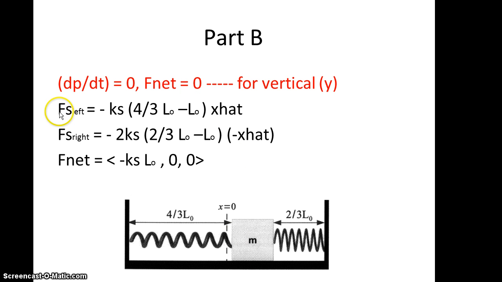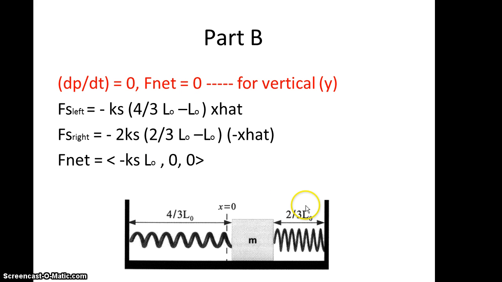So the spring force of the left spring is negative Ks times 4 over 3 L0 minus L0, x hat. While the spring force of the right spring is negative 2 Ks times 2/3 L0 minus L0, times negative x hat.